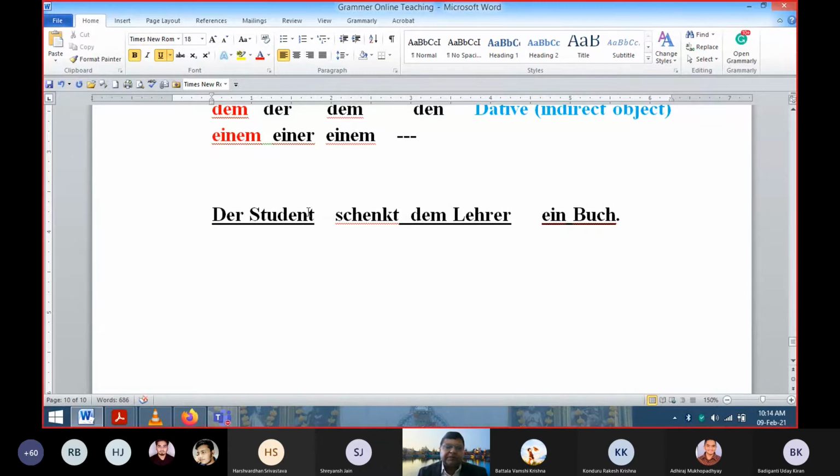So this was the original sentence: der Student schenkt dem Lehrer ein Buch. Okay. Now suppose I am putting some feminine noun.